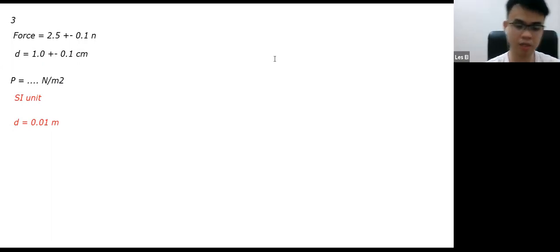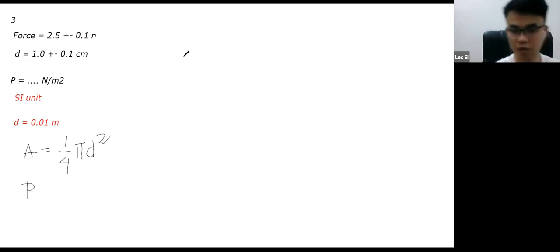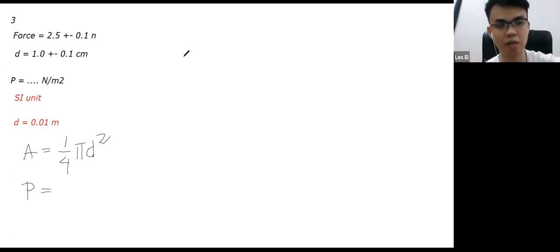Then you can count the pressure, or you can count the area separately first. The area is 1/4 pi d squared. After that, you can find the pressure. Try to use your calculator. Don't just depend on what I write.